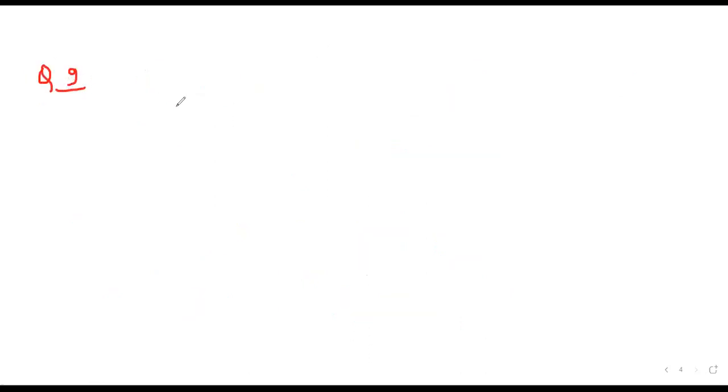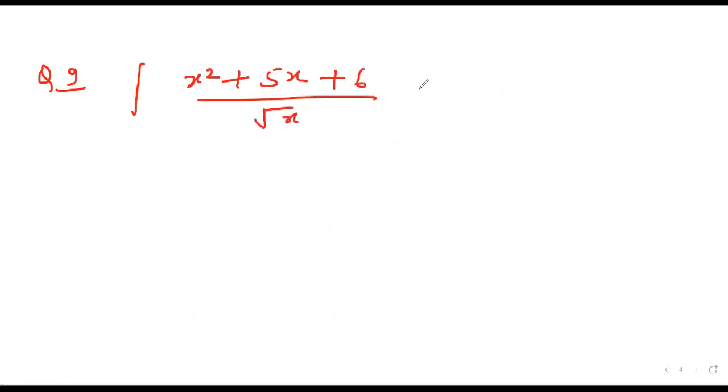So question number 9 says, suppose integration of (x square plus 5x plus 6) divided by root x dx is given. In that case, again, we have to rearrange it. So it will become x power 3 by 2 plus 5x power half plus 6x power minus half times dx.